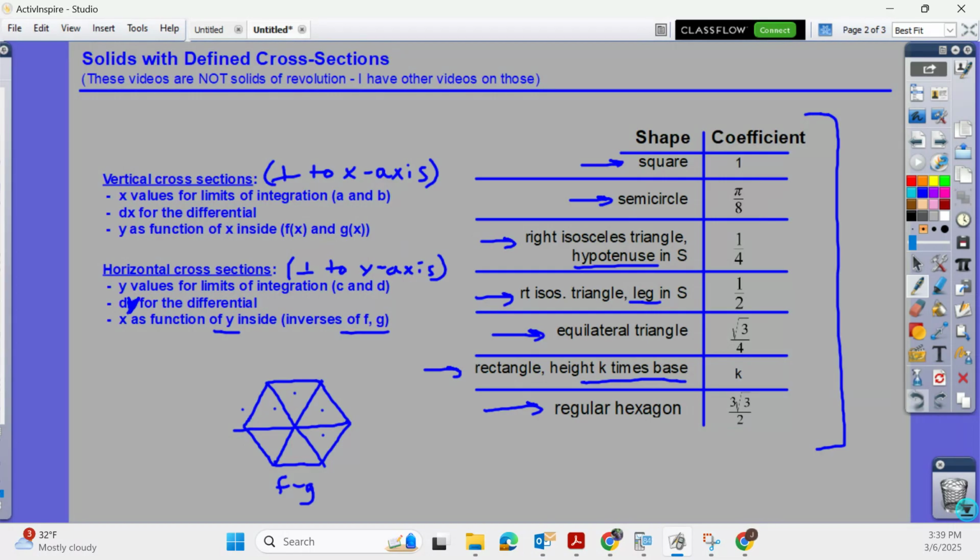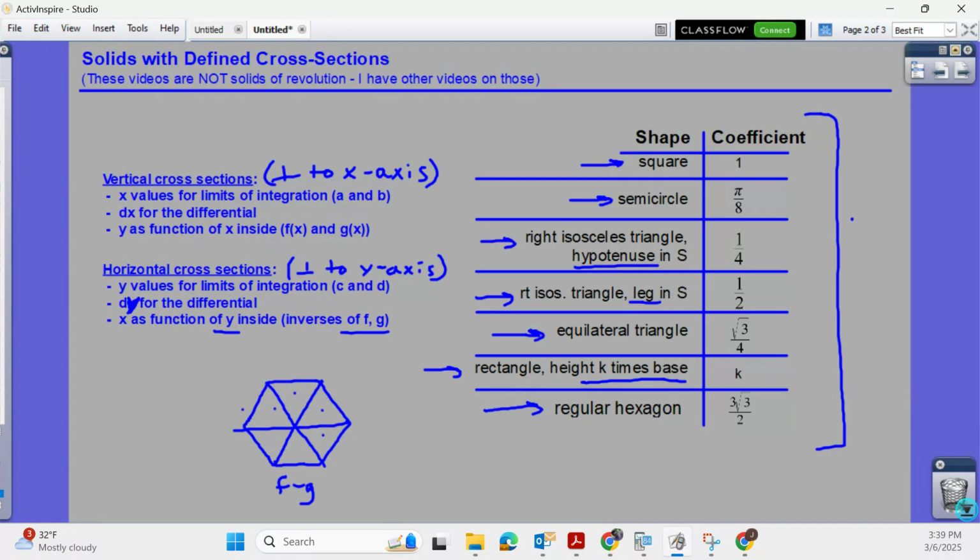And I talked about this in the last video, the triangles one. For example, again, just to really quickly show, if I draw a square, this coefficient here for semicircles means that if I put a semicircle in the square where the diameter is the same as the side length of the square, that semicircle fills up pi over 8 of the square.